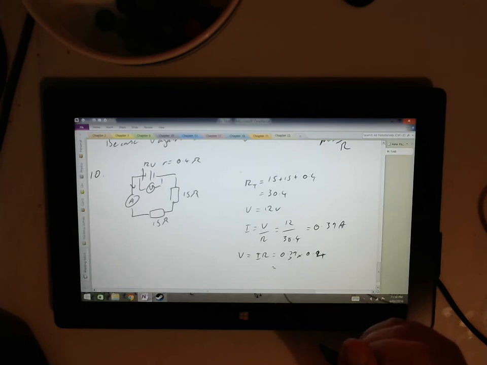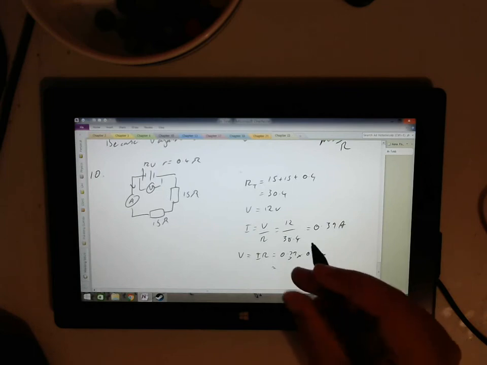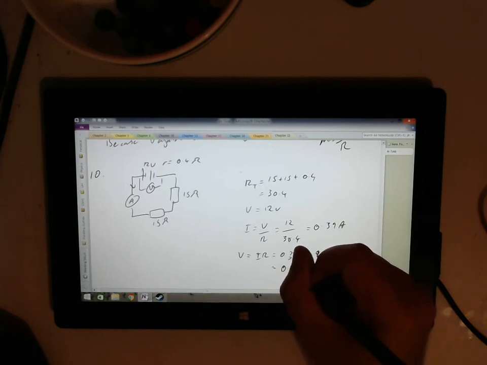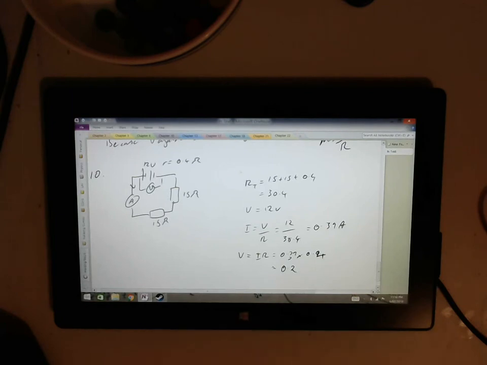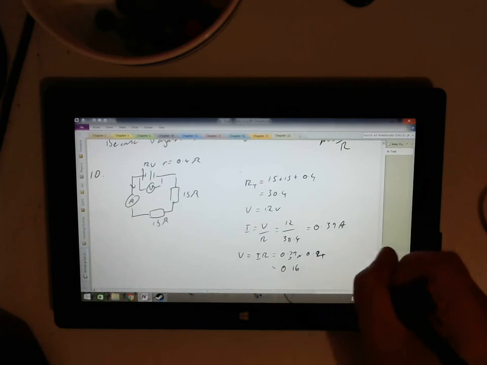They've rounded it off to 0.2 from the look of it, because there is only one significant figure here, so we have to round that to 0.2. Let's do 0.16 just for the sake of it, to give it a bit of extra precision.